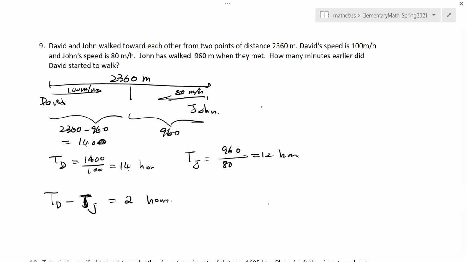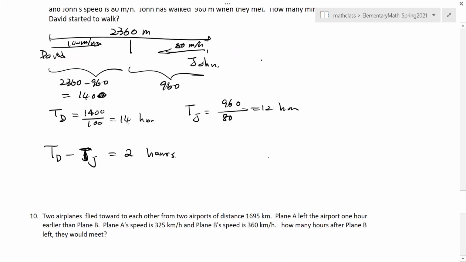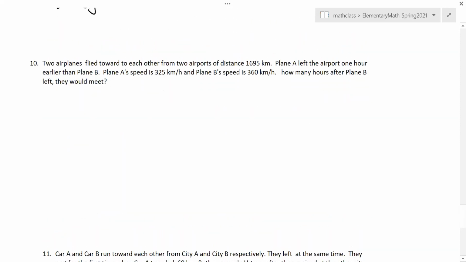So the answer is 2 hours, or equivalently 120 minutes. All right, let's finish this problem. I'm not going to do the last one.